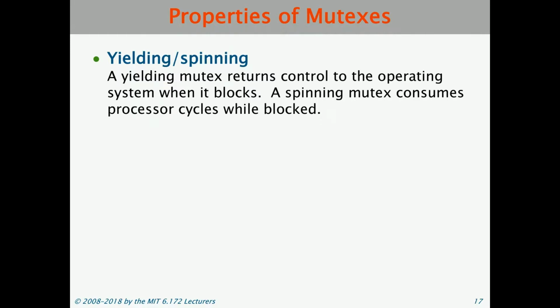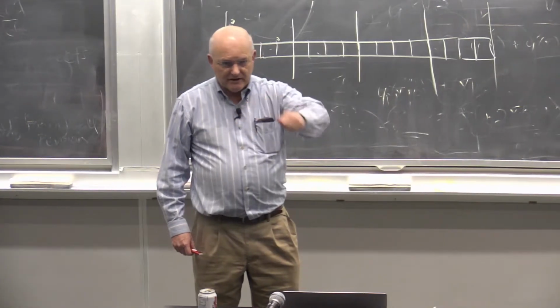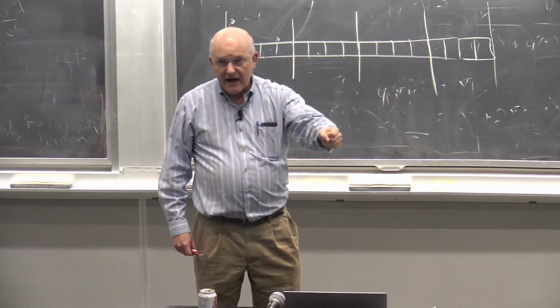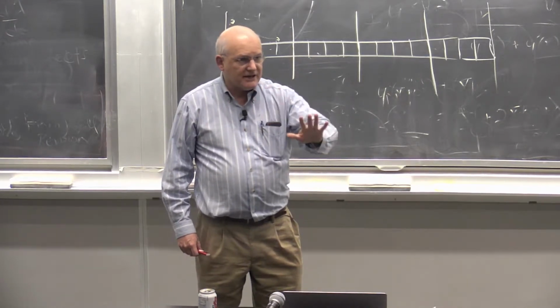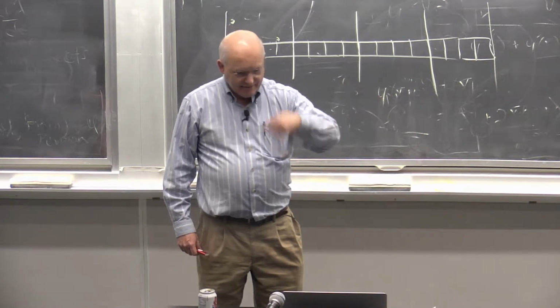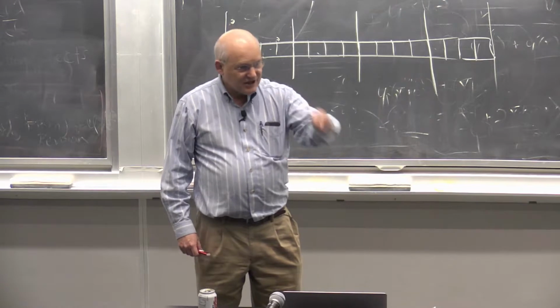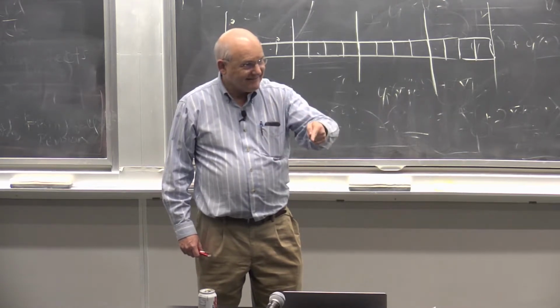So the first basic difference in most things is whether the mutex is yielding or spinning. A yielding mutex returns control to the operating system when it blocks. When a thread tries to get access to a given lock, if it is blocked, it doesn't just sit there and keep spinning, where spinning means I just sit there checking it and checking it and checking it, okay?